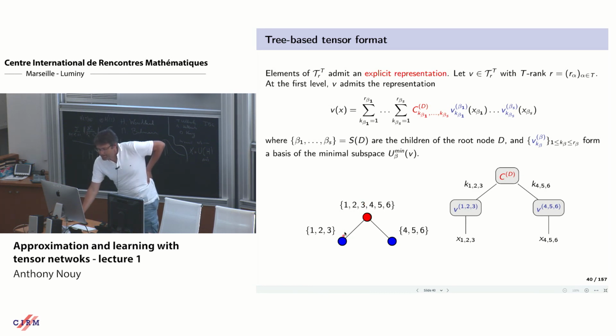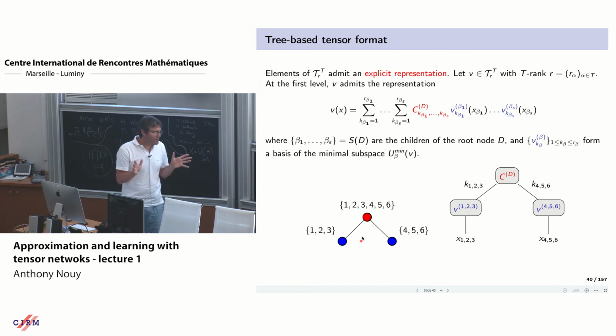So since V is in the minimal subspace associated with 1, 2, 3, tensor product with the minimal subspace associated with 4, 5, 6, I know that I can represent V as a double sum, over 1 to R_{1,2,3} and 1 to R_{4,5,6}, of products of a function of the group of variables 1, 2, 3 and a function of the variables 4, 5, 6.